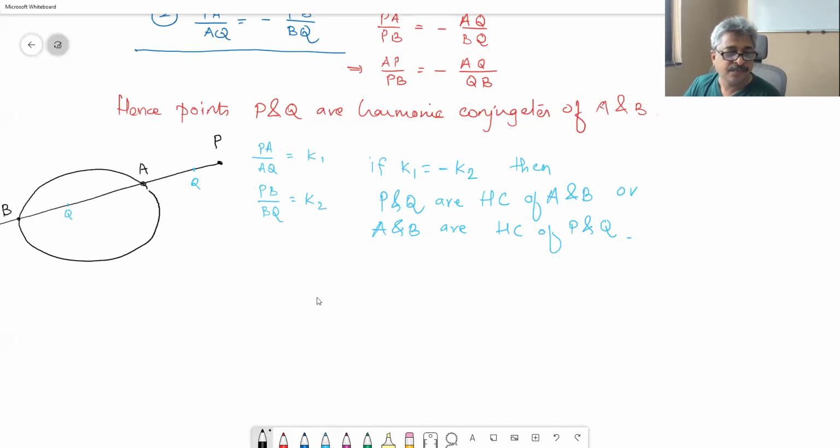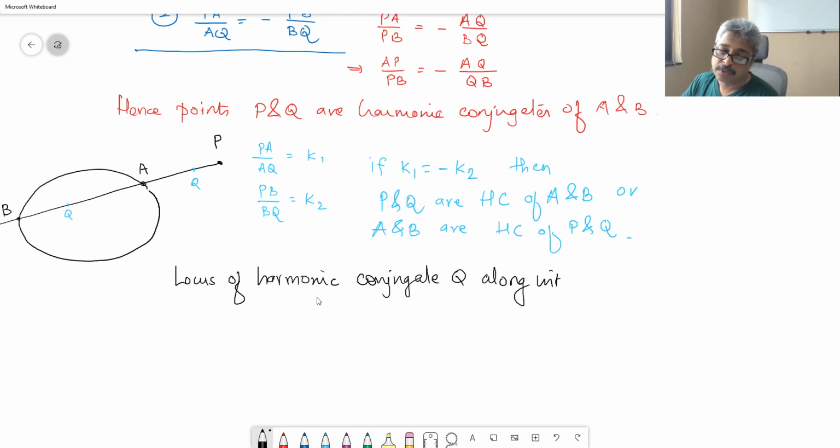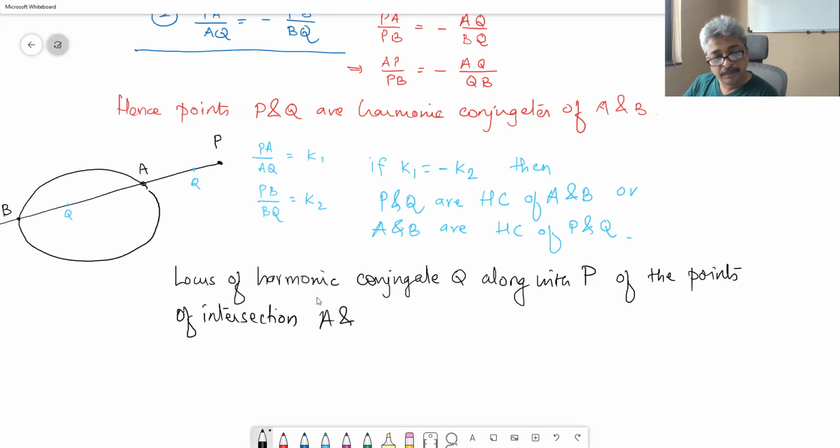The locus of the harmonic conjugate Q, along with P, of the points of intersection A and B with respect to S equal to 0, is T equal to 0.